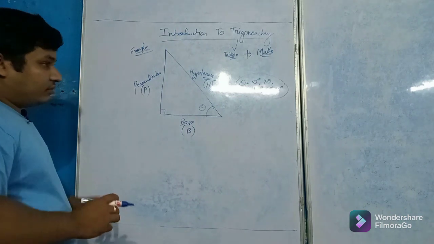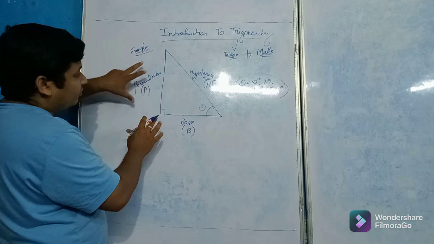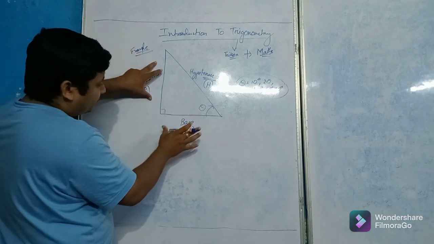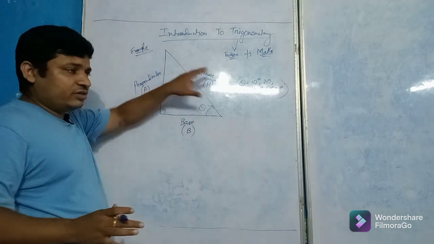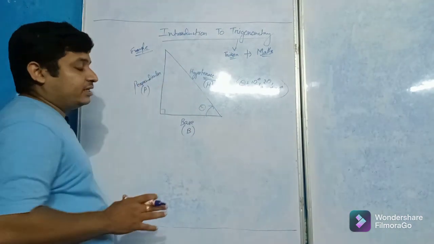So now what is trigonometry? We will be knowing the lengths and all the parameters of perpendicular, base, hypotenuse, whatever is required, through all the trigonometric forms.